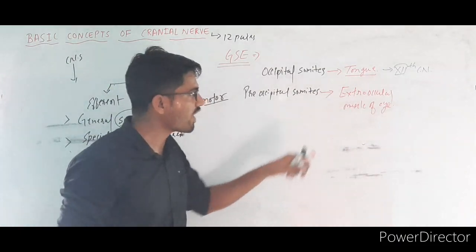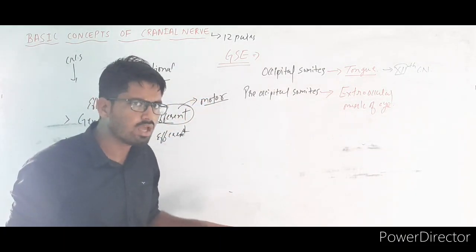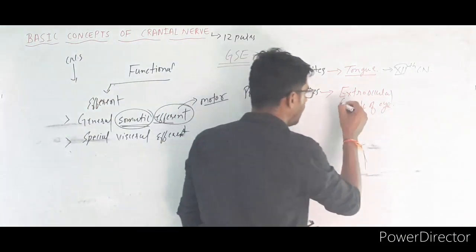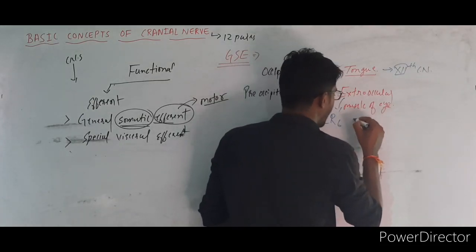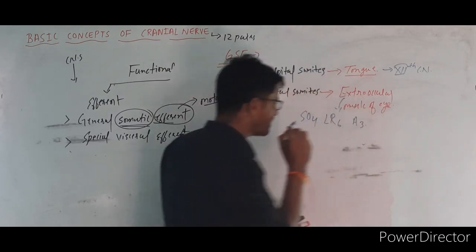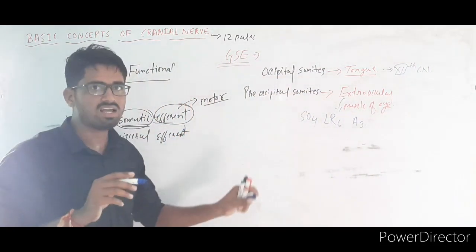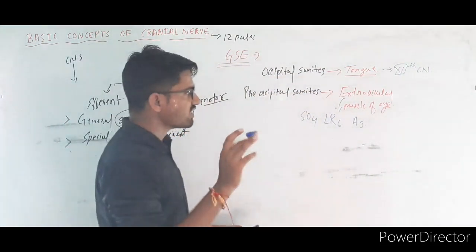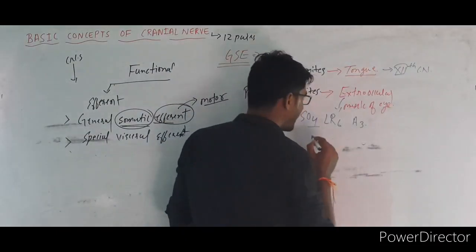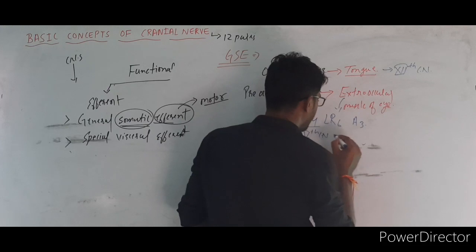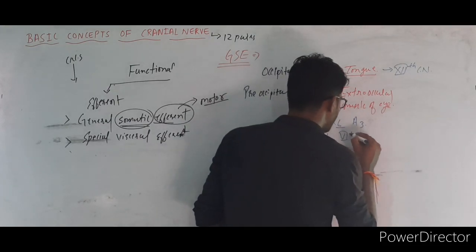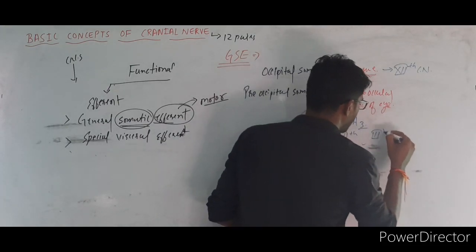Yes. Can you tell me the extraocular muscles of the eye are supplied by? There is one mnemonic called SO4, LR6, and all others by third. We will talk about this in the extraocular muscles. But the thing is, the fourth cranial nerve, the sixth, and here is the third.